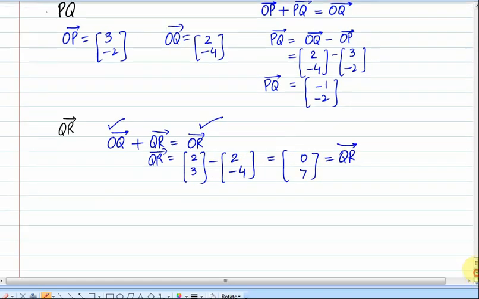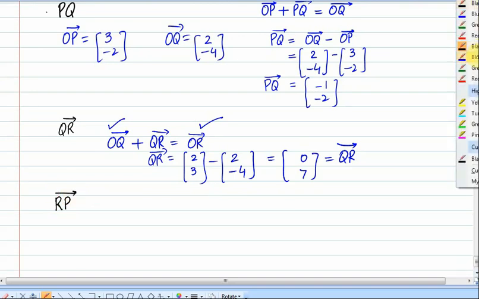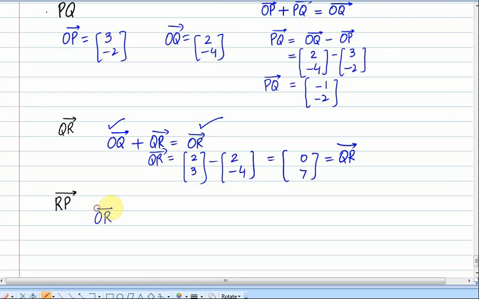Moving on to the next part, find out the column vector of RP, because the equation is very important. So your equation will be OR plus RP is equals to OP. OR and OP are known. We need to find the value of RP. So you need to subtract OP minus OR, right?